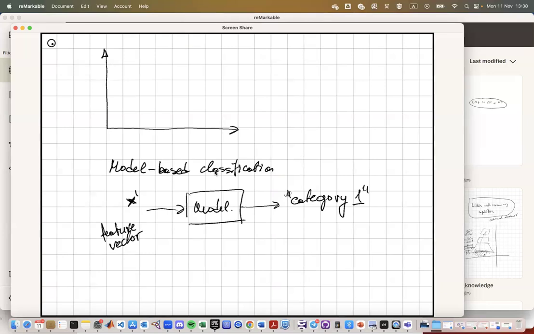And I deliberately chose to go deeper into support vector machines, because it gives this very intuitive view on how model-based classification, or many model-based classifiers, work. And this view is based on the geometry of data.